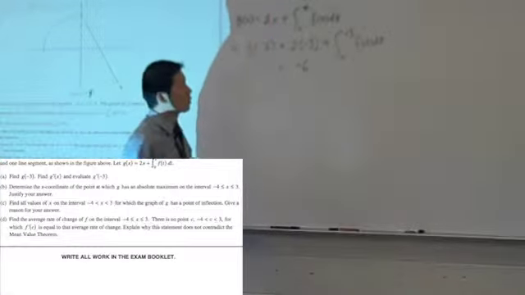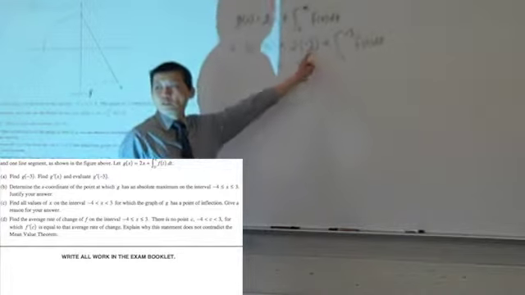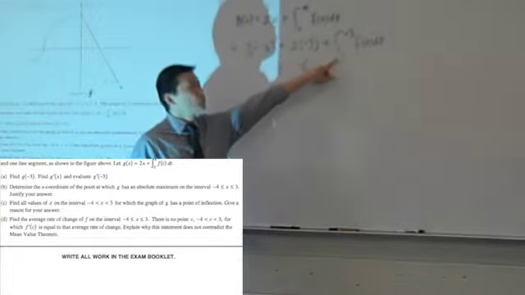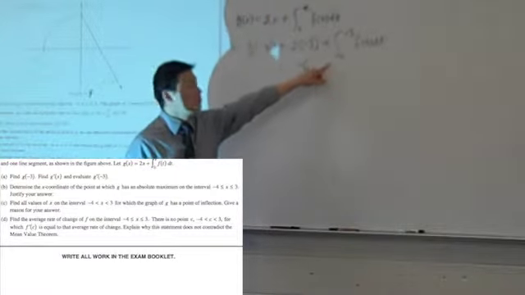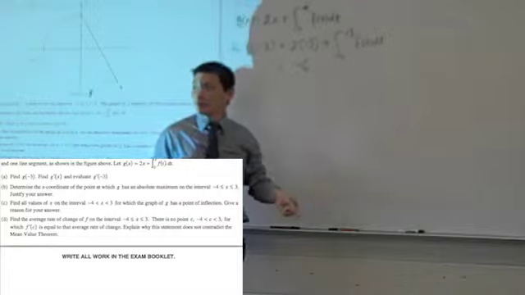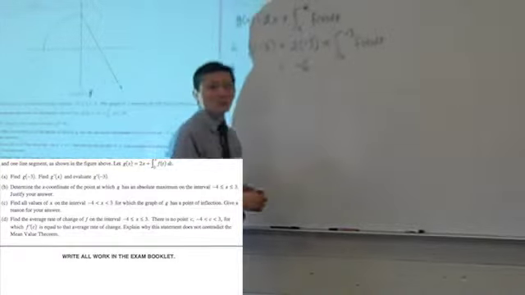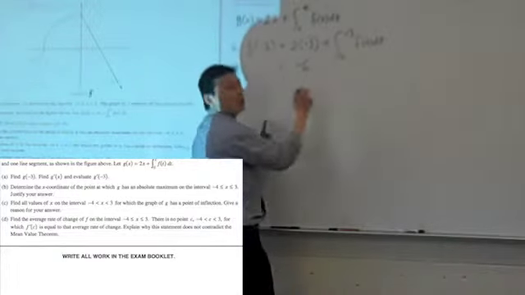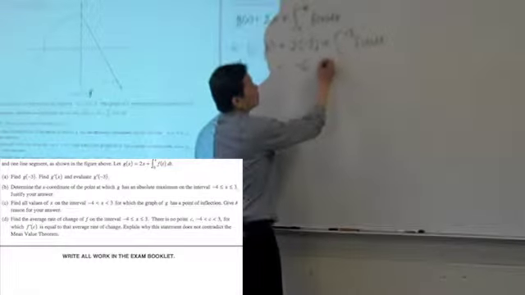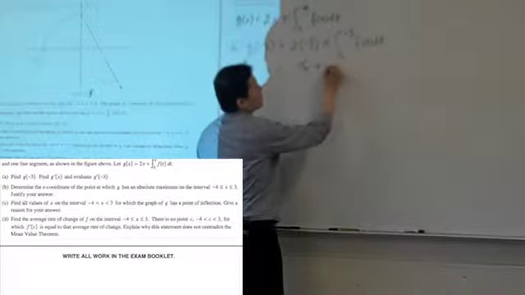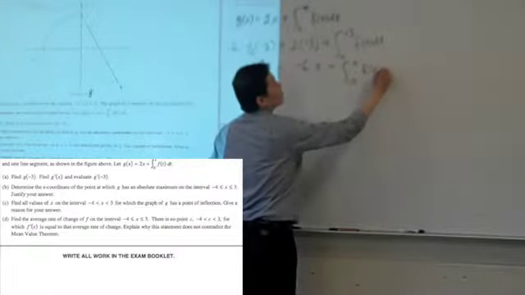So try to be careful with stuff. This is what should concern you. You go from 0 to -3, but usually when you're taking the definite integral, you go from a small value to a bigger value, right? So you should flip it. And when you flip it, you introduce an extra negative sign. So instead of plus, it's plus of a negative integral from -3 to 0 of f of t dt.